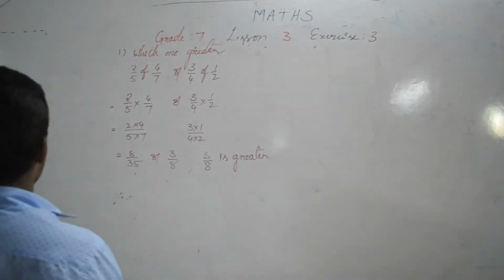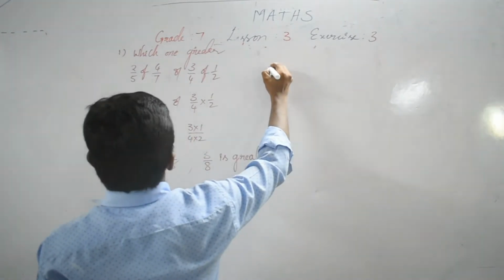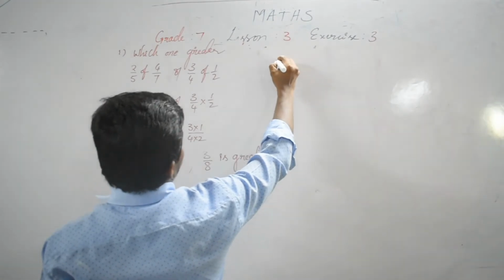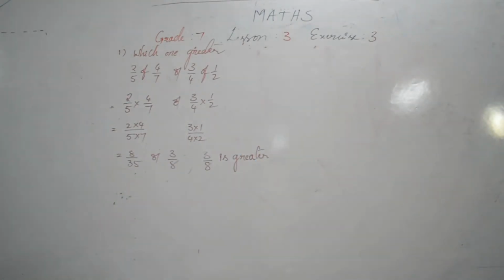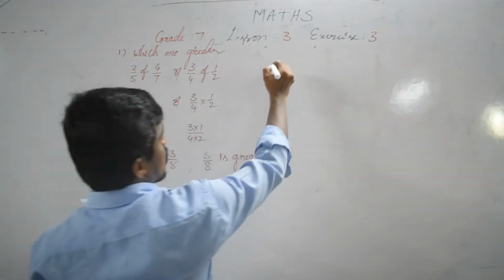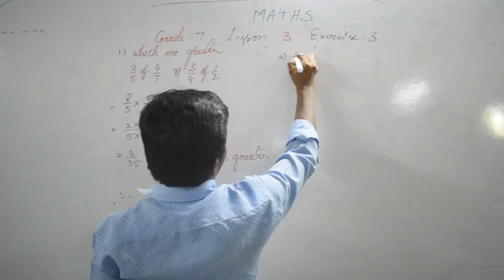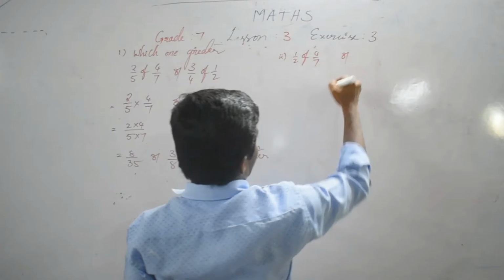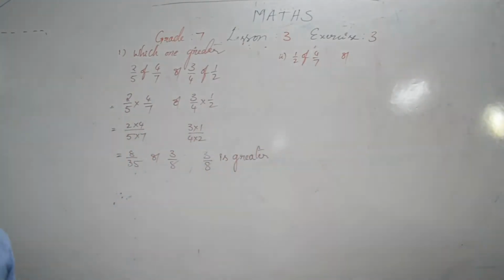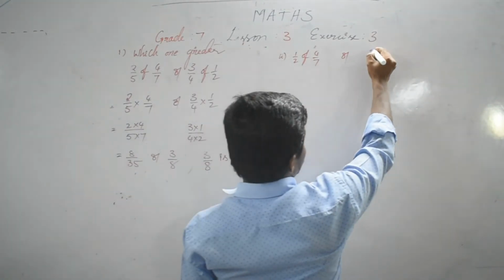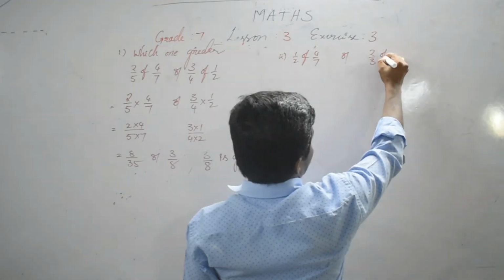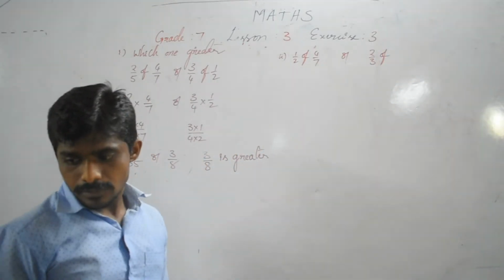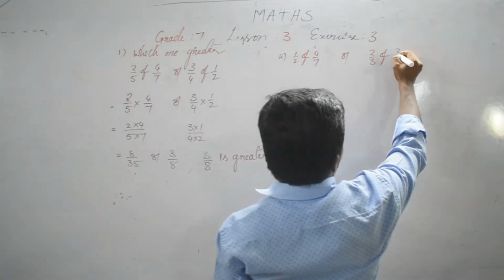Next one. Next problem, 1 by 2 of 4 by 7 or 2 by 3 of 3 by 7.